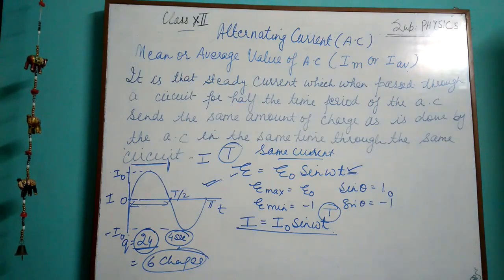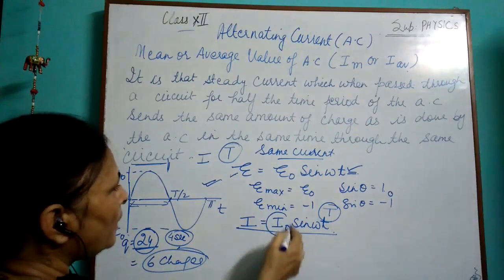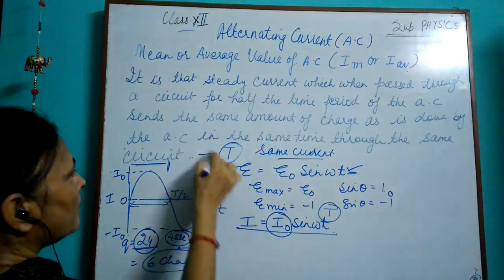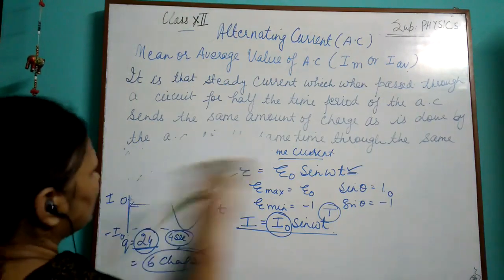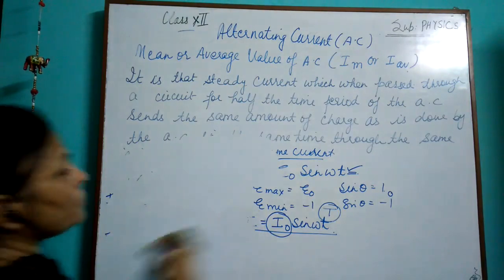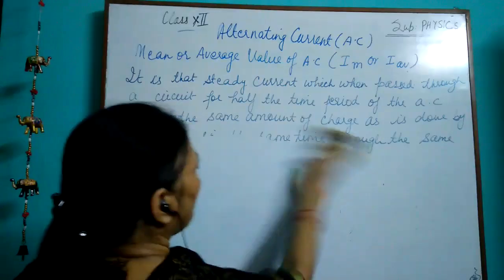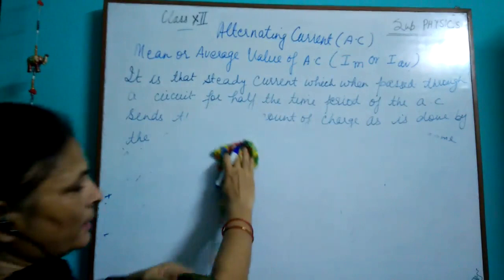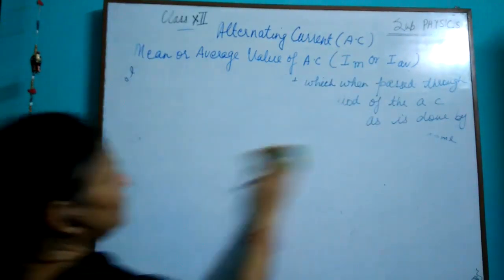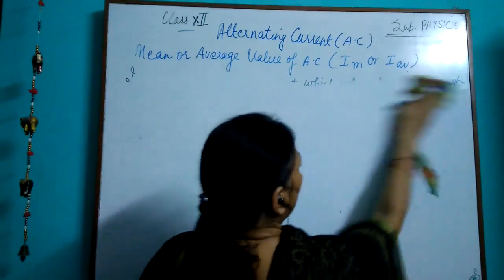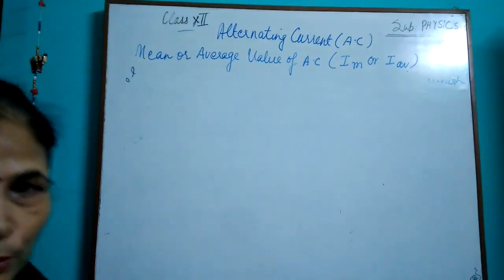Now we will try to find out what is the relationship between I naught and Im. Now we'll start from the definition of current itself, because what I want to calculate, I want to determine charges flowing in the given AC in time T by 2.